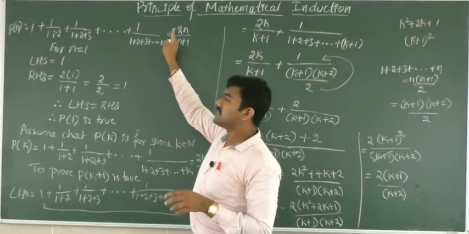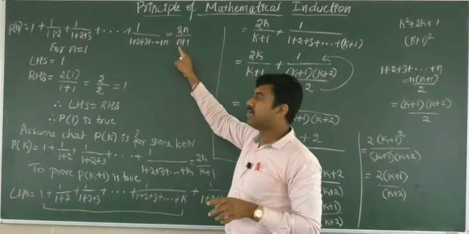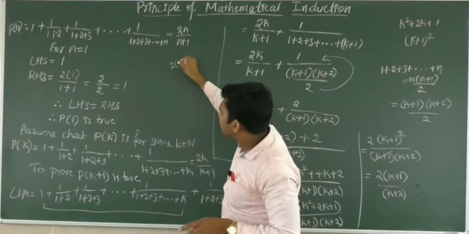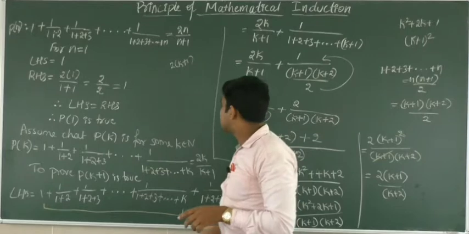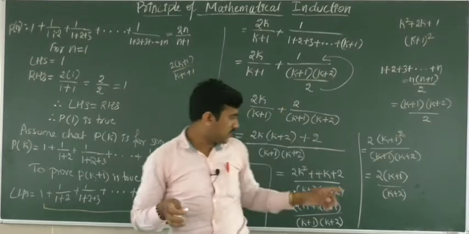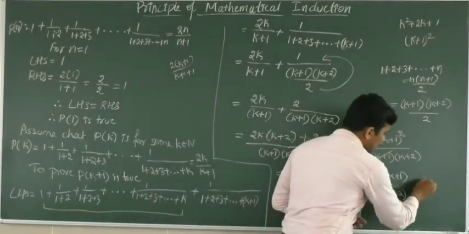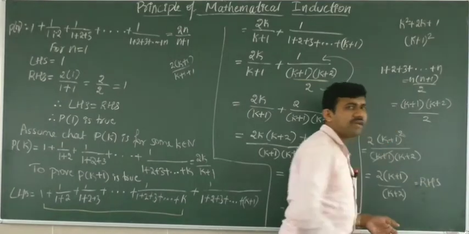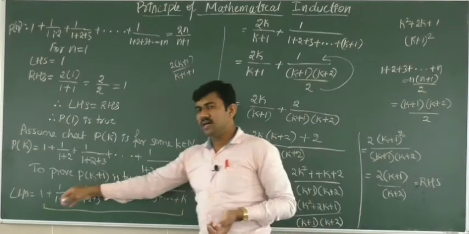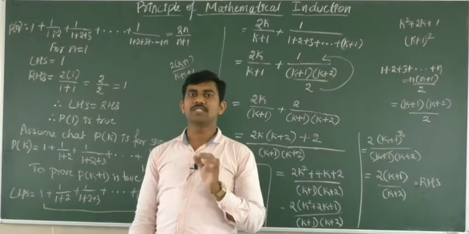When n is equal to k plus 1, we get 2 into k plus 1 divided by k plus 1 plus 1, that is the same as 2 into k plus 1 divided by k plus 2. So clearly this is the right hand side of the given statement when n is replaced by k plus 1. So we got the right hand side of P of k plus 1, so we can say P of k plus 1 holds here.